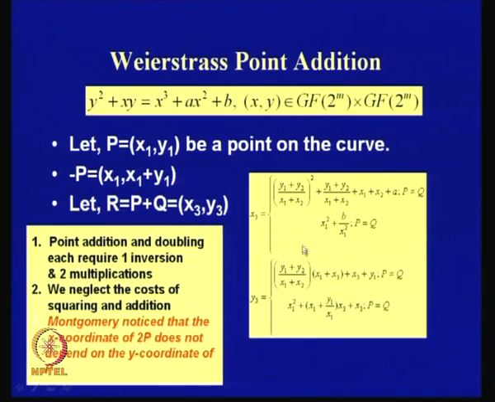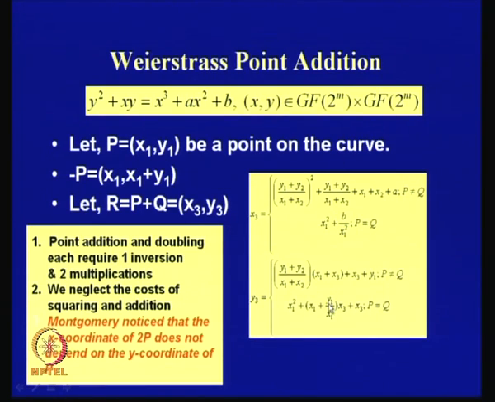If you see the corresponding doubling equation, there also you need 1 by x1, so one inversion is necessary. Similarly, the same 1 by x1 can be used here also. The other thing is the multiplication with x3, and you also require to multiply this with y1, which is another multiplication.